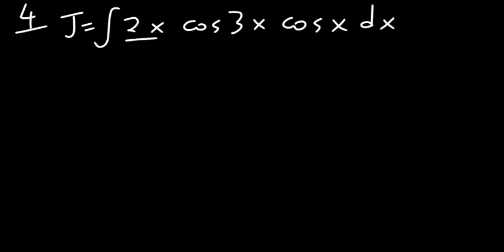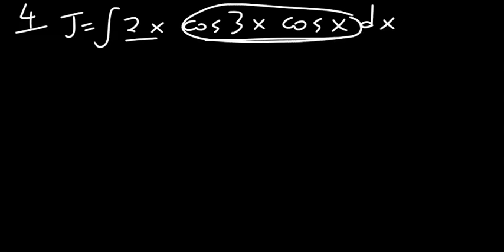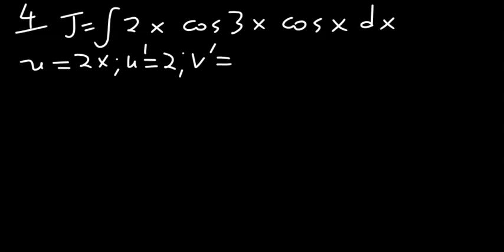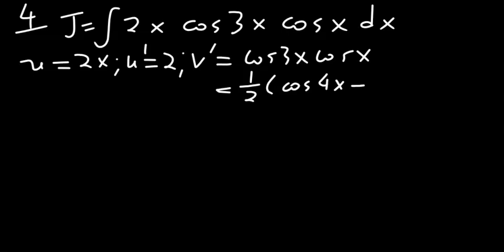Now there are 3 functions, but we can combine the last 2 using trigonometry identity into something more manageable. So let's set again u to be 2x. So that means u prime is 2. Your v prime is the remaining terms, cosine 3x cosine x. Using trigonometry identity, we can write cosine 3x cosine x as half cosine of 4x plus cosine of 2x.